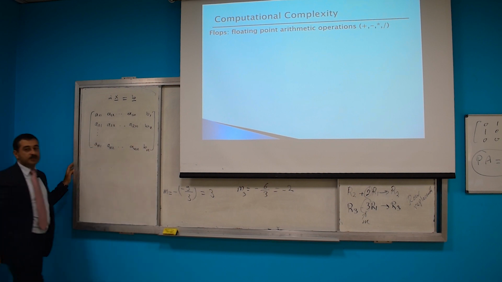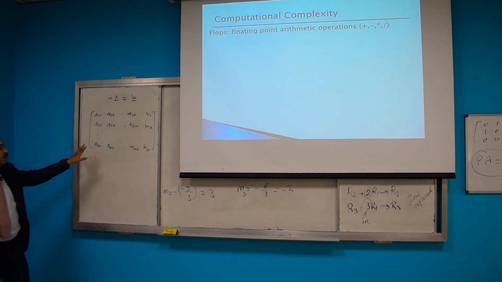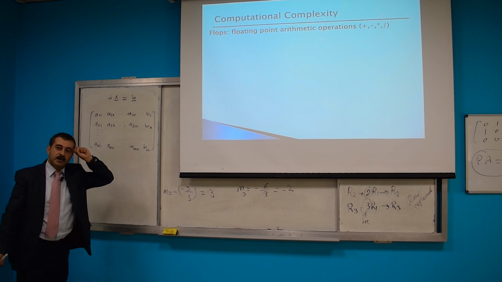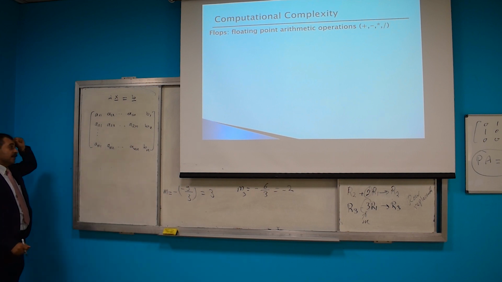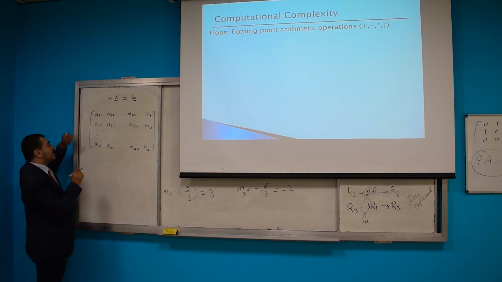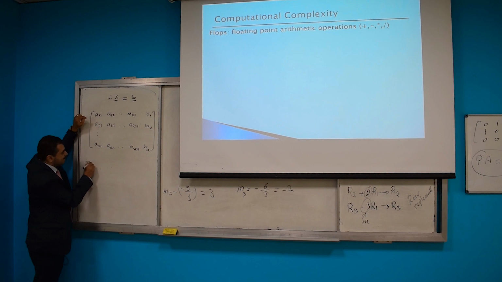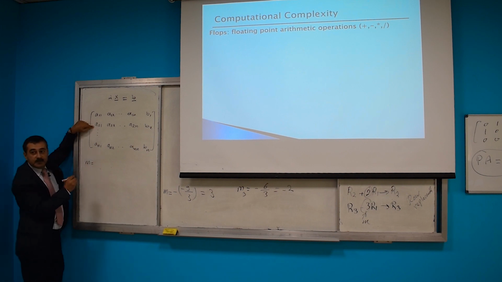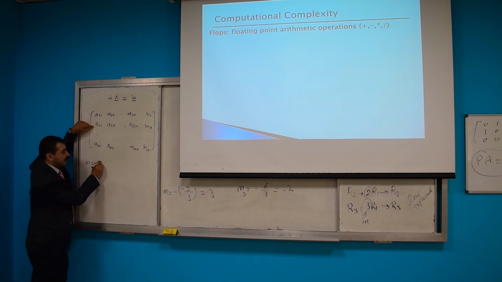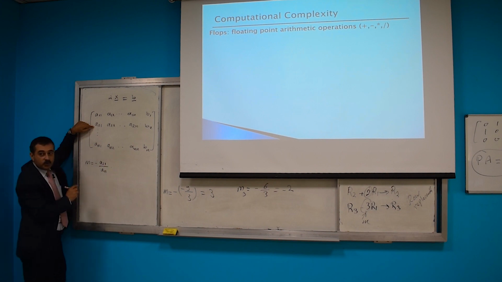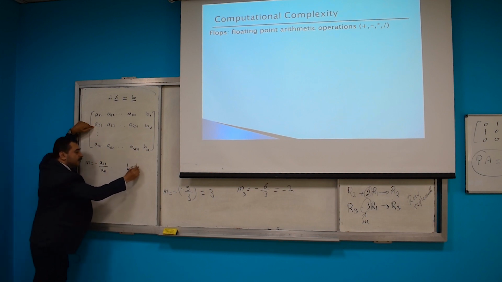Assume that the coefficient matrix is a square matrix augmented with B, and do the elimination. Let's start counting. So the first step is to find the multiplier. What is the multiplier? To eliminate this guy, for example, negative A21 over A11. So we have one division operation.